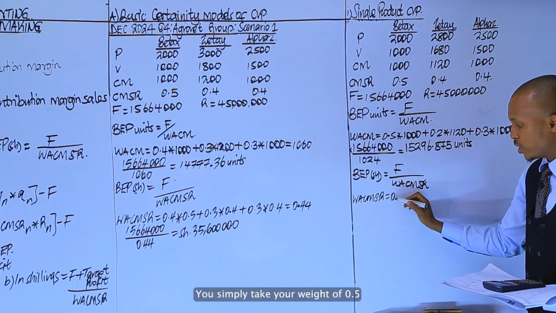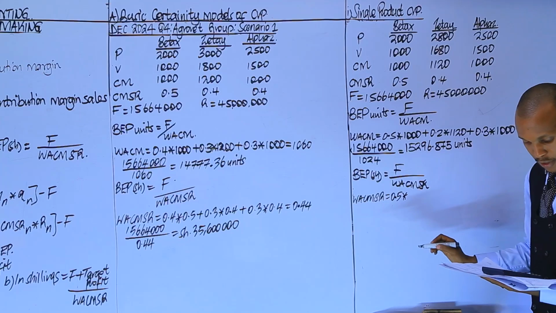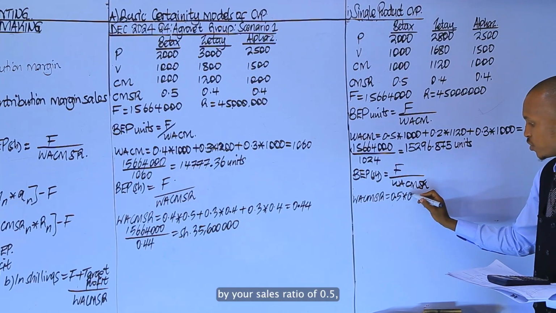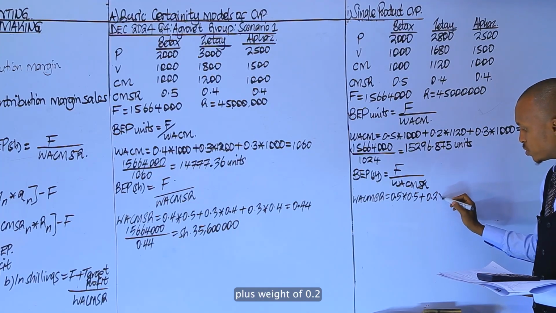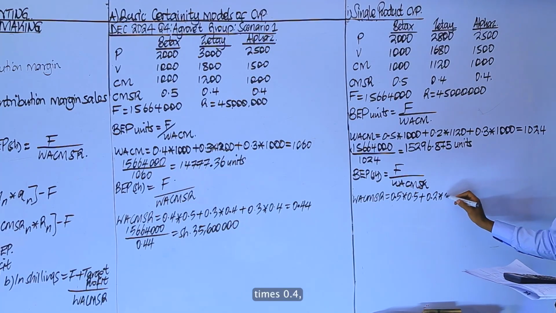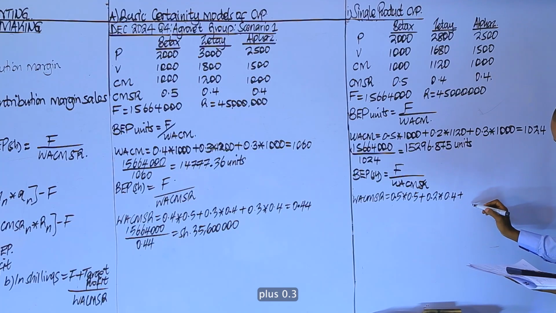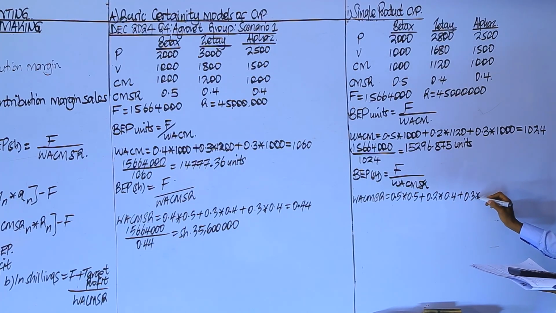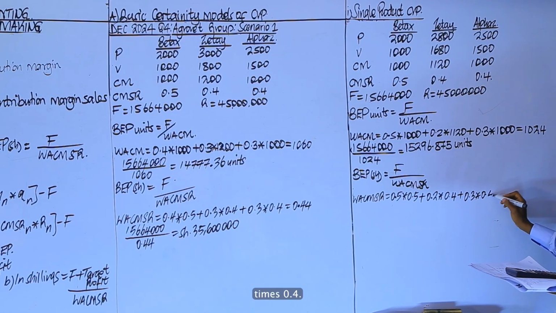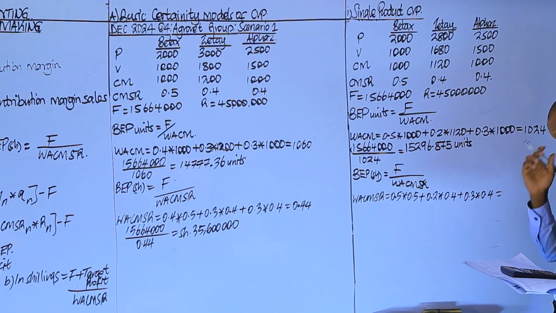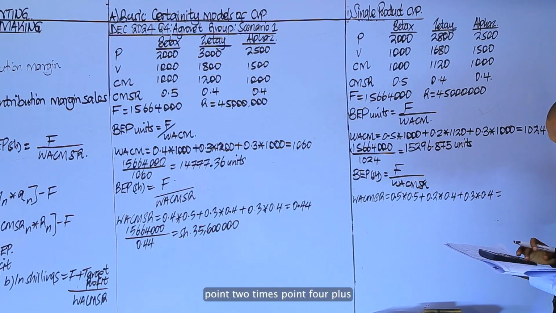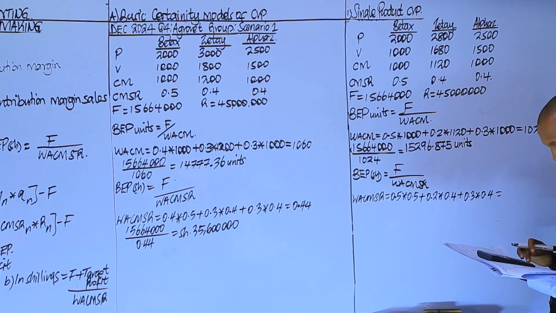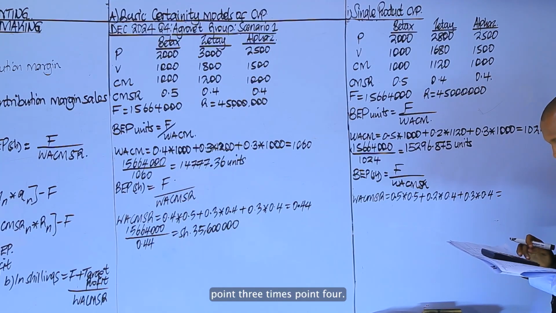You simply take your weight of 0.5 by your sales ratio of 0.5 plus the weight of 0.2 times 0.4 plus 0.3 times 0.4.